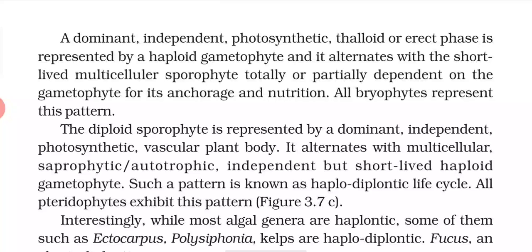The diploid sporophyte is dominant, and the gametophyte is multicellular, but it depends on the sporophyte. Now, such a pattern is known as the haplodiplontic life cycle. All pteridophytes exhibit this pattern. So in bryophytes, the haploid gametophyte is dominant, and in pteridophytes, the diploid sporophyte is dominant.